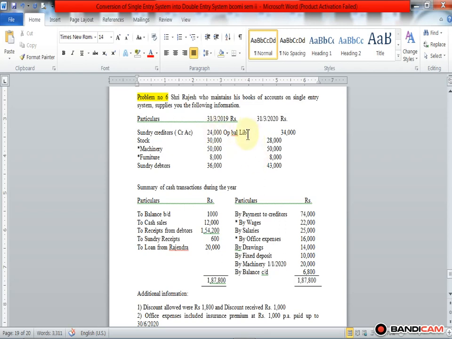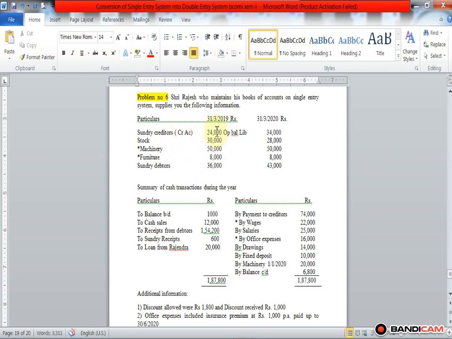So these two effects are of opening balance. It means the sundry creditors opening balance is transferred to creditors account.